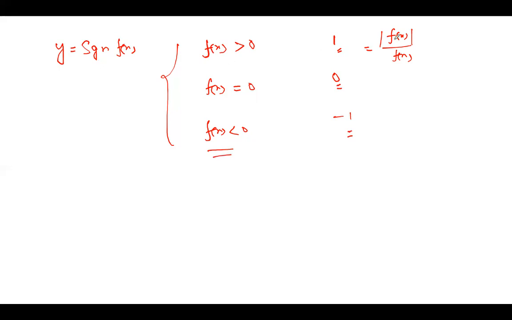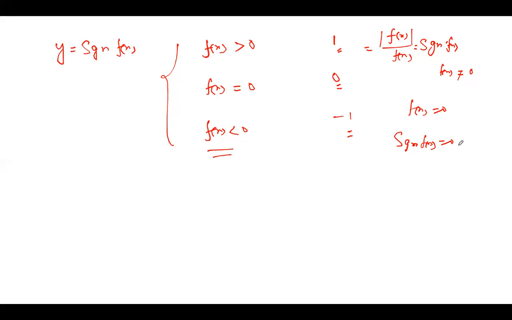So the Signum function we can define as |f(x)|/f(x) when f(x) is not equal to 0, and 0 when f(x) is equal to 0. So we are dividing this into two parts.